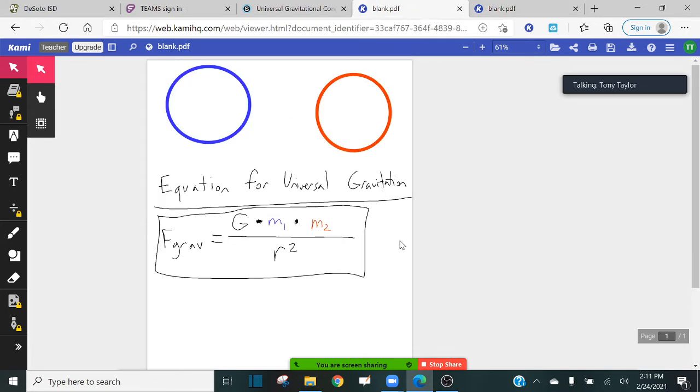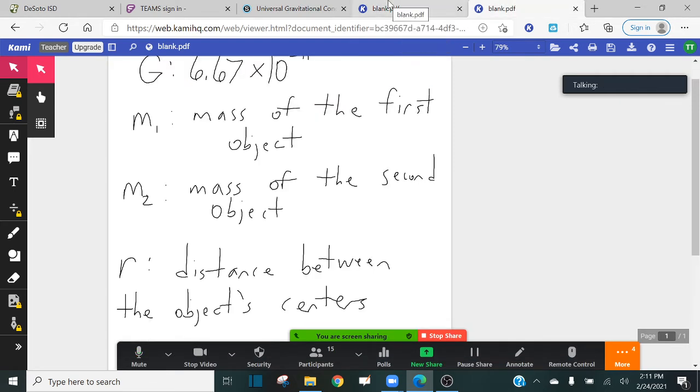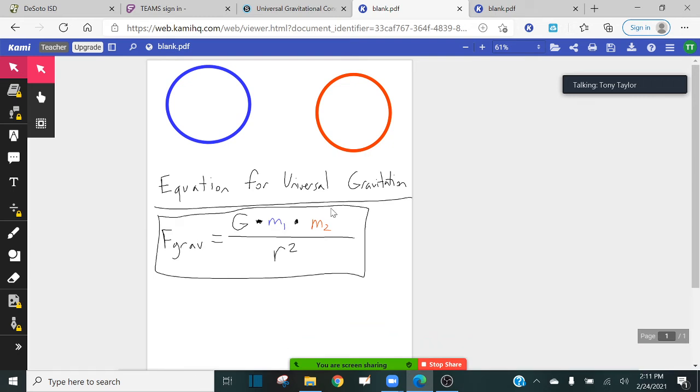So everybody got that? If I were you guys, I would write this equation down. You don't have to, but it's just good to. So G is the universal gravitational constant, which is always 6.67 times 10 to the negative 11. That number stays constant in every problem that you work on.